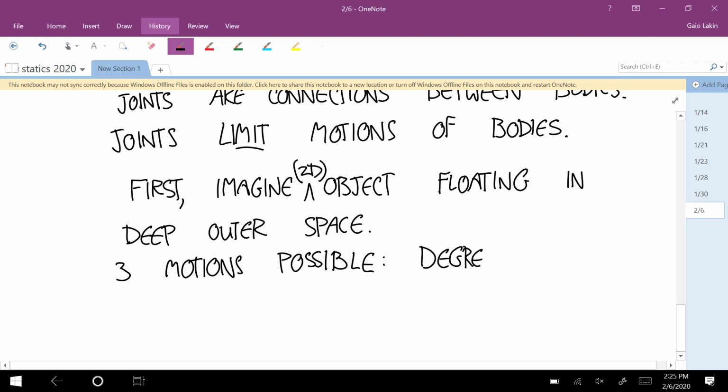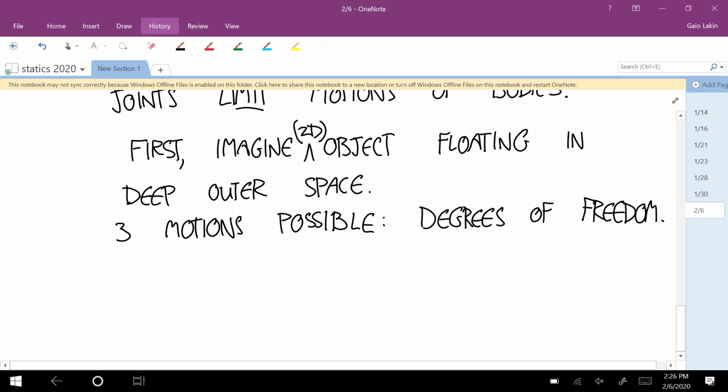So the degrees of freedom. Somehow you're out there in deep outer space, alive still, and capable of moving this 2-dimensional object around. So first, you can translate it. This thing's hovering there, and you can choose any axis you want and translate it along that axis.